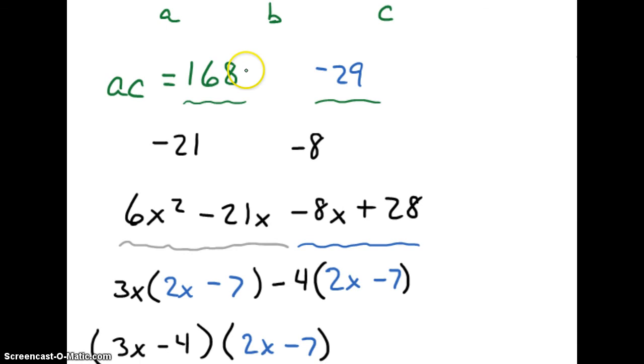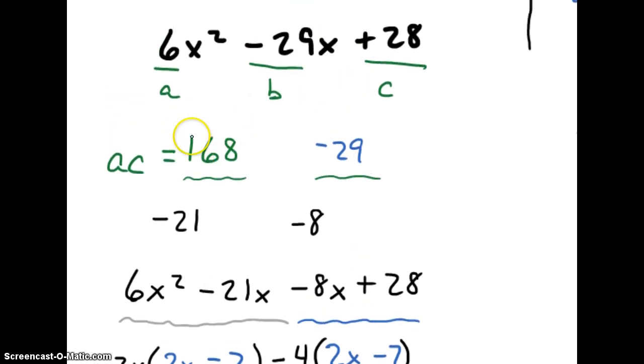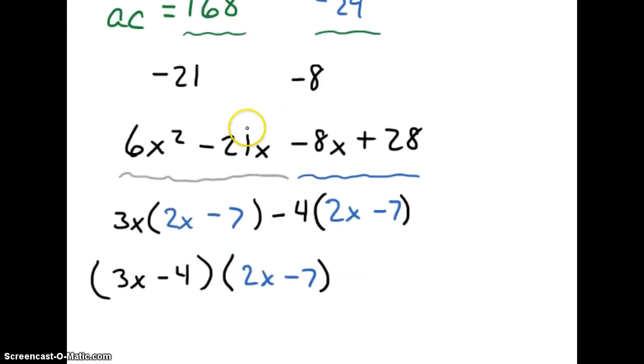Start by finding AC, and then find two numbers that multiply together to give you 168, this AC, and add together to give you B, this negative 29. List those as your coefficients on your X term, and then factor out as much as you can from each binomial.